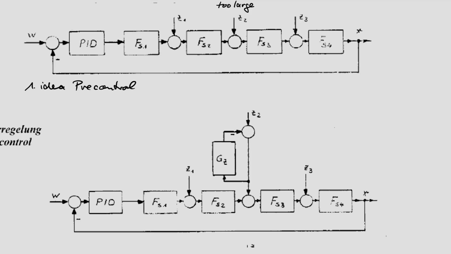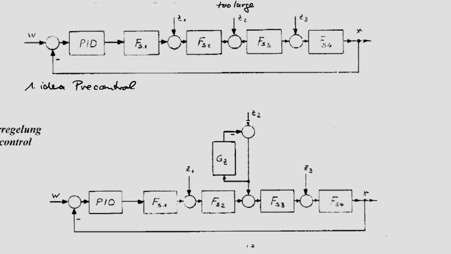In this picture you see there is a change in the way of Z2. We have interrupted the way of Z2 with this summing point, and have added a junction point and a block G sub Z with a negative feedback. So this is an additional loop, a pre-control loop, with the following idea.